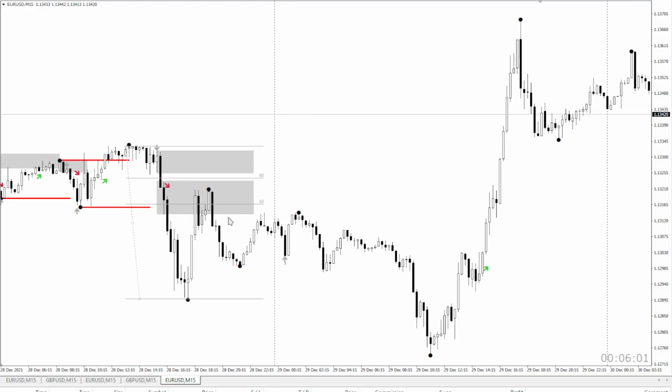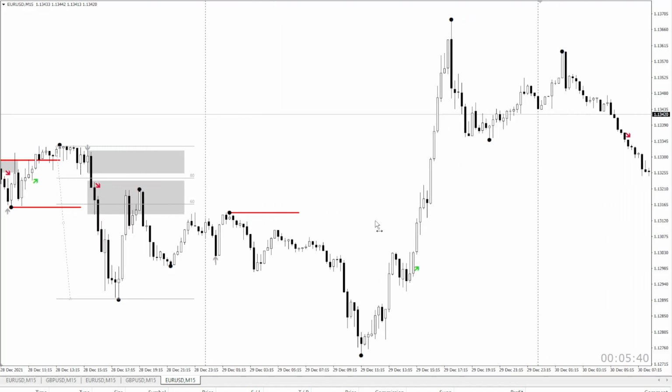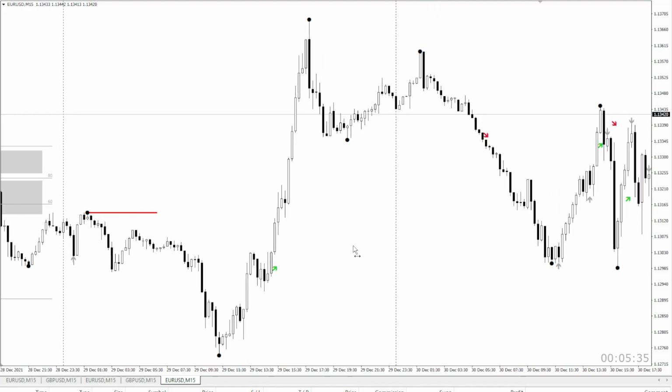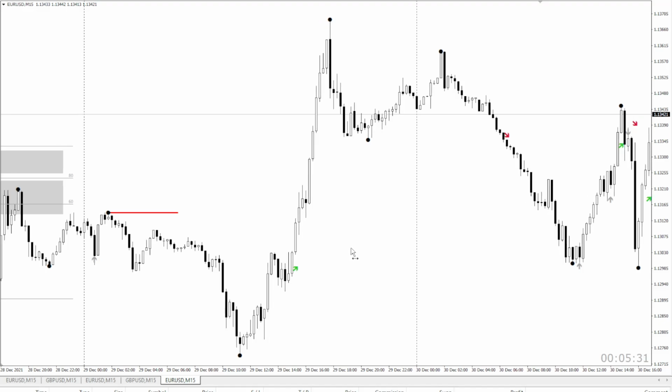And then what we have a look at next is, when does the next arrow appear, which tells us market structure might have shifted again. And we can see it here. It's the green arrow telling, okay, market structure has shifted, but did it also break a black dot? Yes, it broke this one. Okay, and now we got no order block highlighted, but this one I already talked about in the previous.